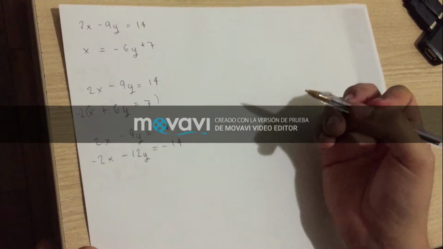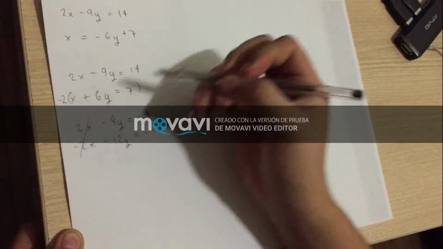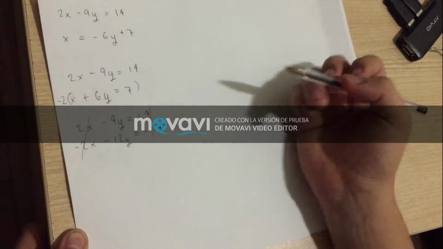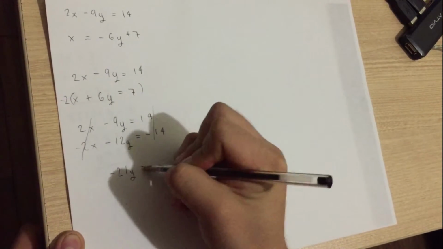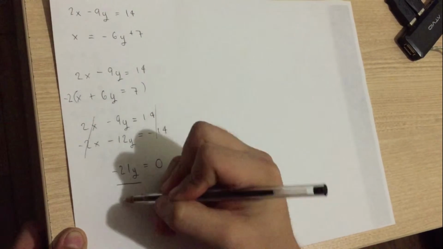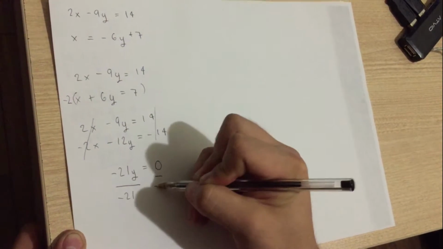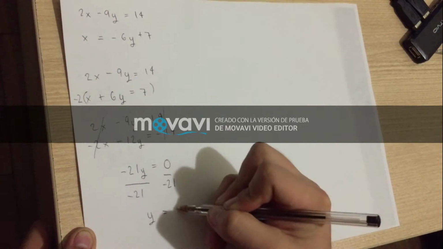We're gonna add the two equations. This one's eliminated, and this one's eliminated too, leaving us with minus 21y equals 0. So we're just gonna divide by minus 21, so we can leave the y alone. We're gonna get y equals 0.